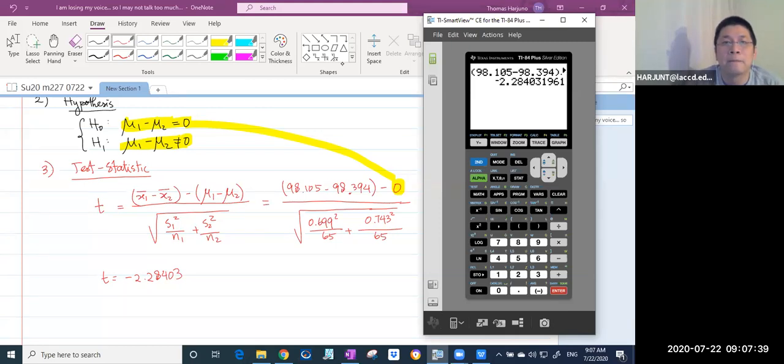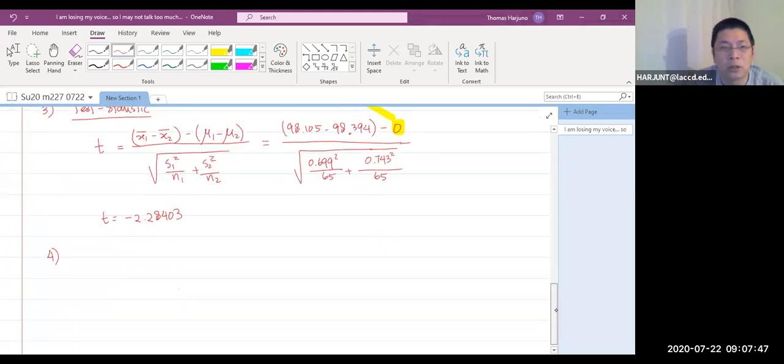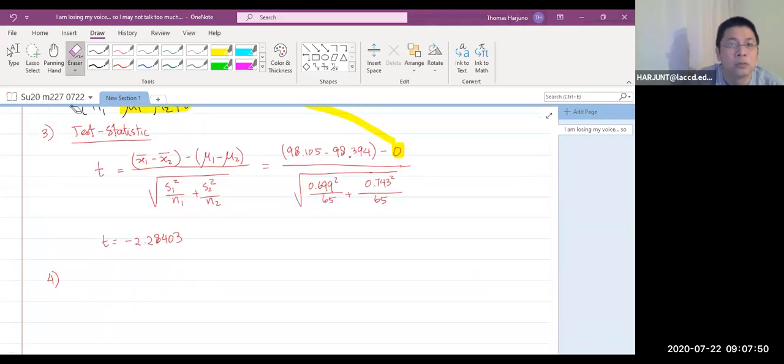Okay. Now then, step 4. I think I don't need that anymore. I can go back to the usual numbers, the p-value.